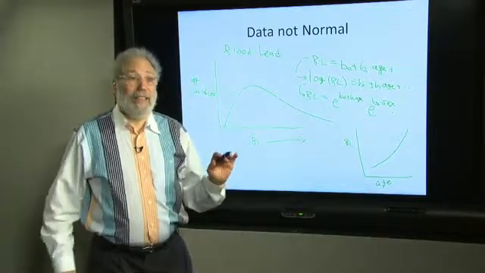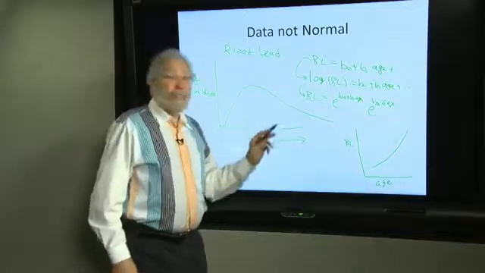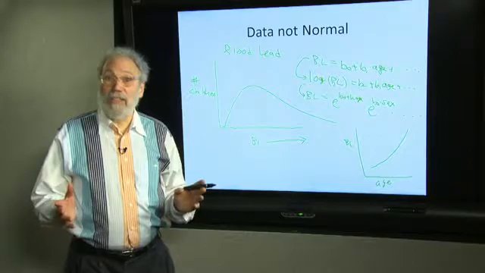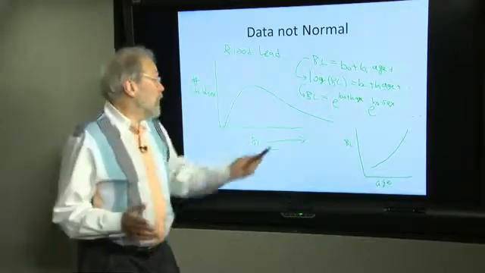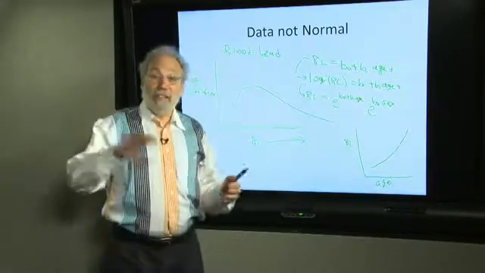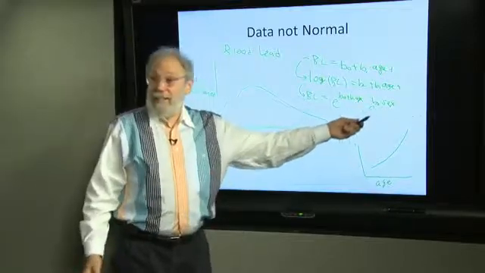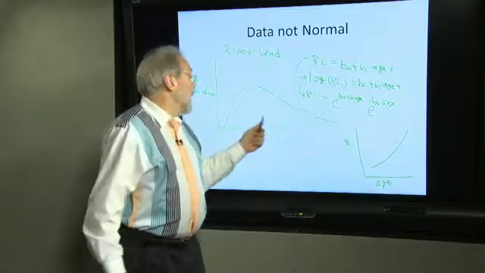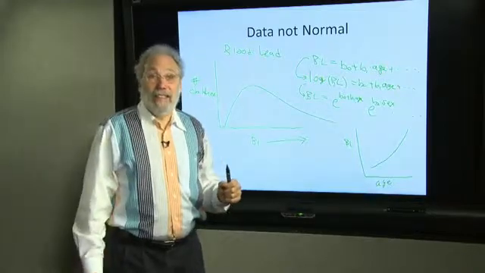And fortunately, there are other ways to deal with the data not being normal that don't require you to do that. So this is not a bad thing to do if you think it really does look like this. But that should be the criteria for making the choice, not what the distribution of the data looks like.